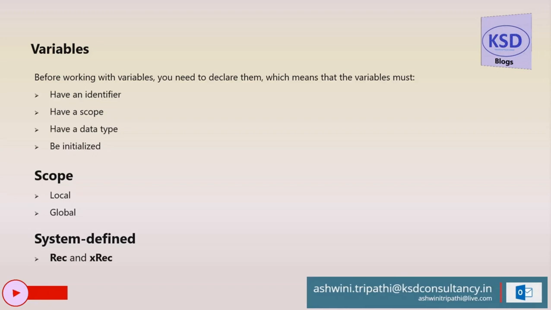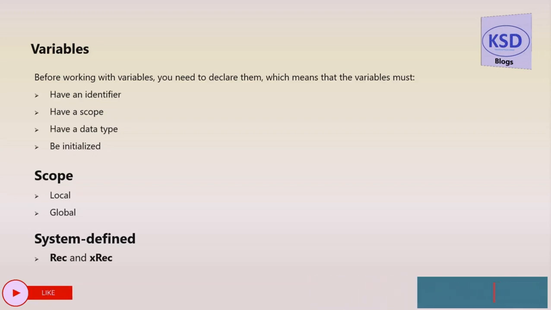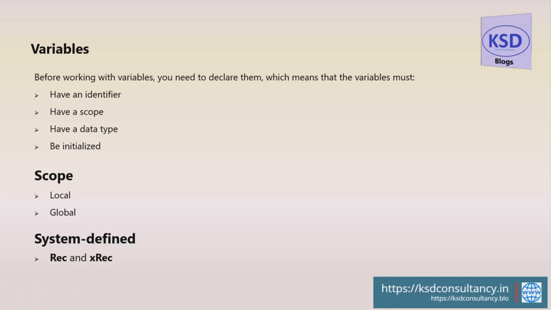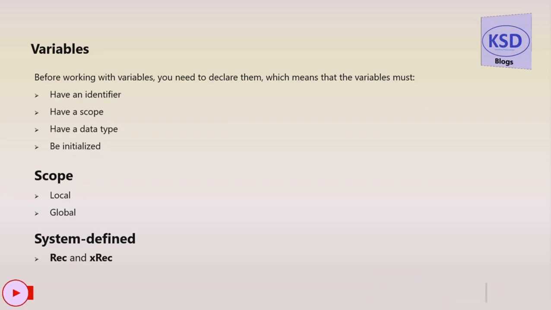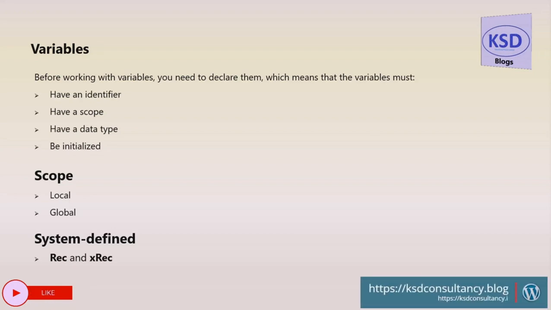Therefore, on every trigger, everywhere you want to write code statements, you will have that variable available. Whereas on the other side, when your scope is local, you can only access that variable in the specific trigger or procedure where you defined it. Outside that procedure or trigger, that variable will not be available.